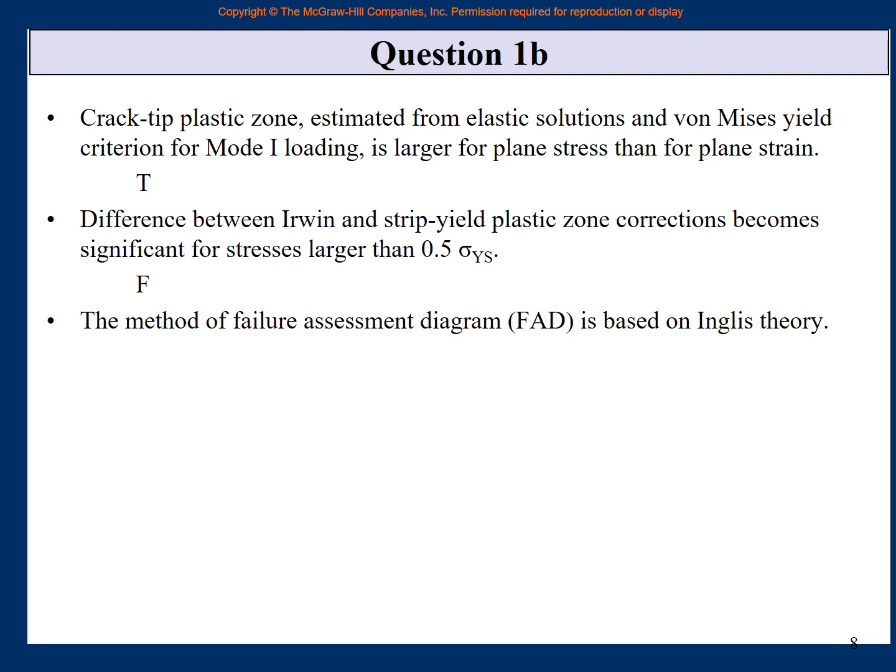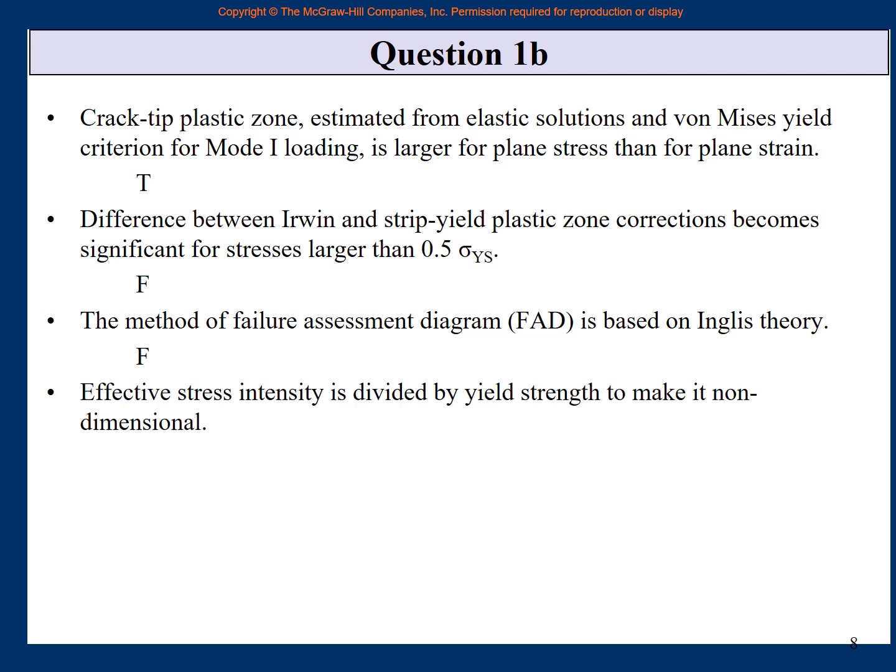The method of failure assessment diagram FAD is based on Inglis theory. What is your answer? You are right. It is based on the other theory, not Inglis, so it is false.